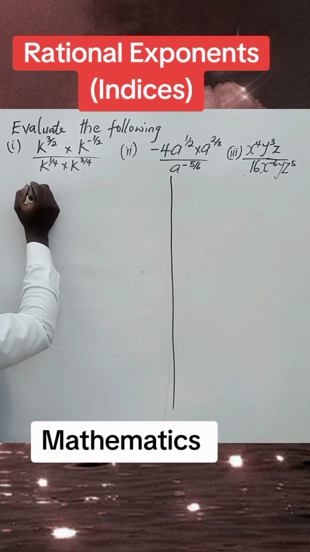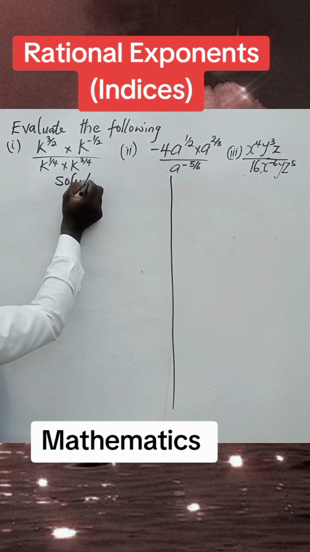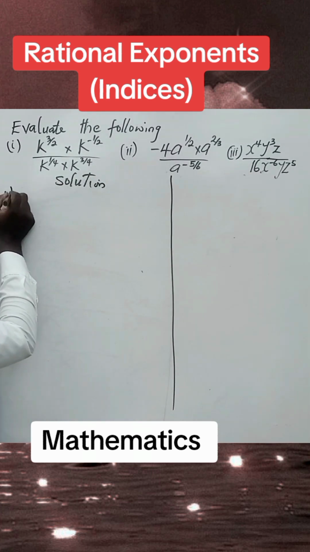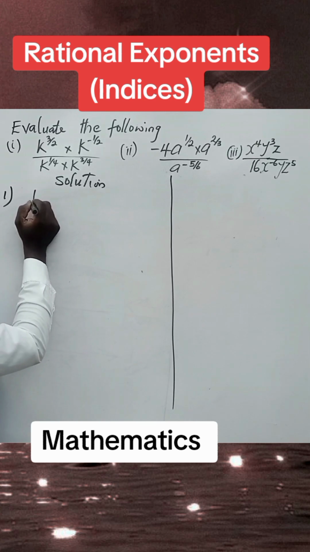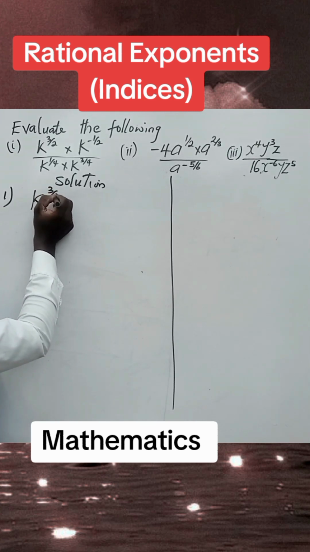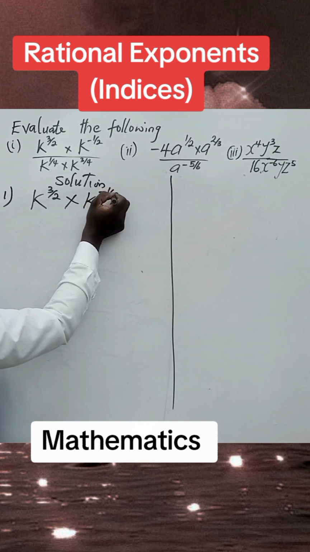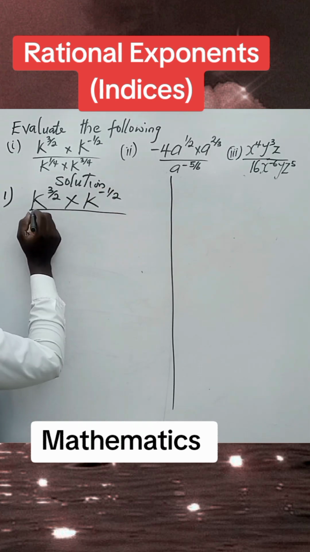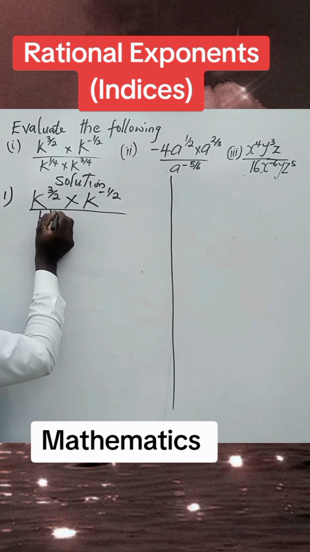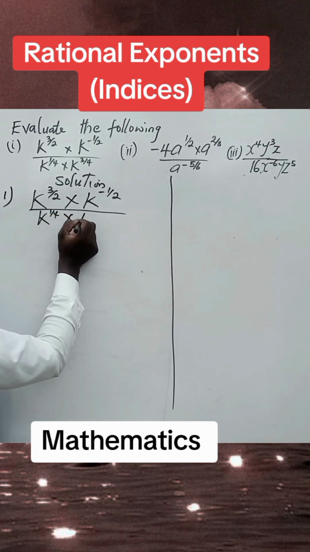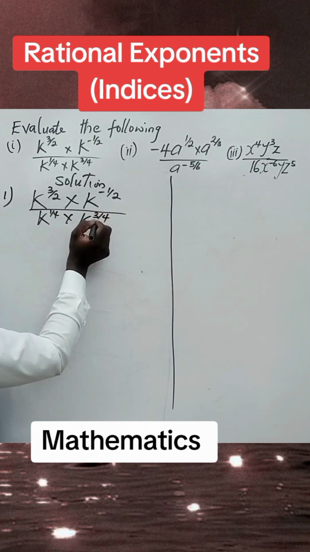So solution number 1. This is k raised to the power of 3 over 2 times k raised to the power of minus 1 over 2, divided by k raised to the power of 1 over 4 times k raised to the power of 3 over 4.